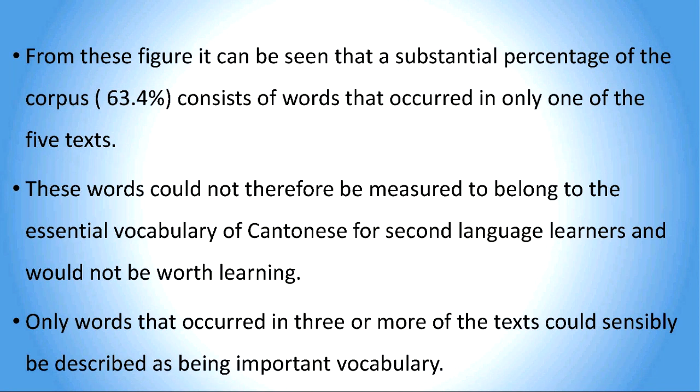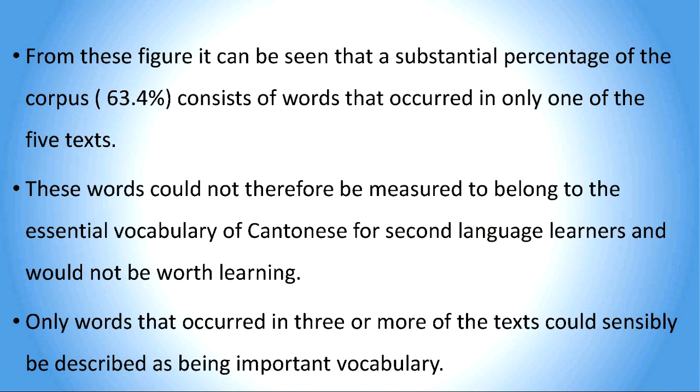From that figure, we can see that a substantial percentage of the corpus, 63.4%, consists of words that occurred in only one of the 5 texts. These words could not, therefore, be considered to belong to the essential vocabulary of Cantonese for second language learners and will not be worth learning.